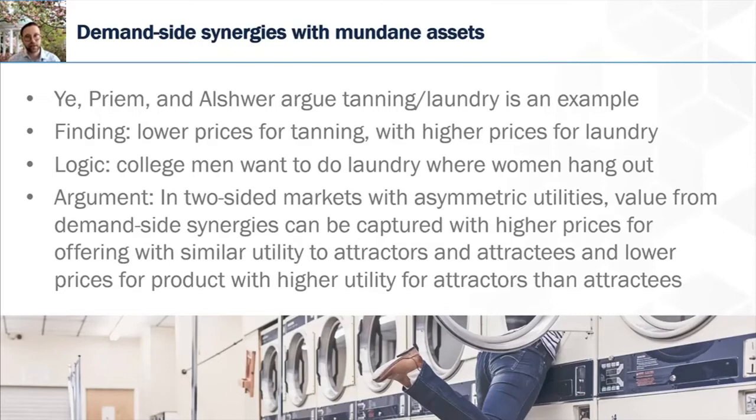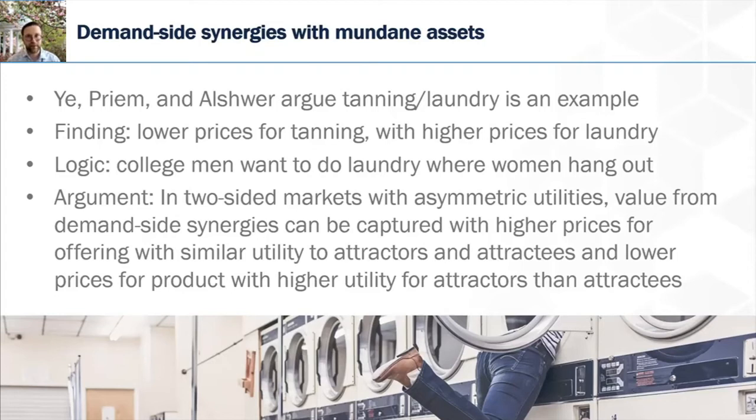So because women are, in this example, valuing laundry co-located with tanning more than men, they're able to charge lower prices for the tanning and higher prices for the laundry. For those that are using both, the total price is the same as you would see anywhere else.